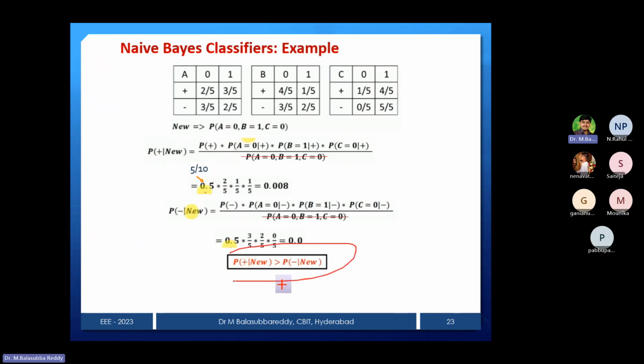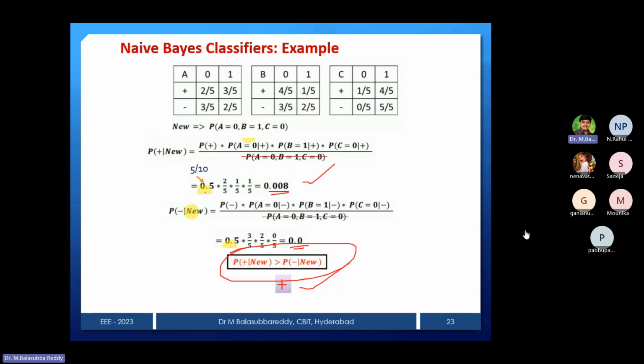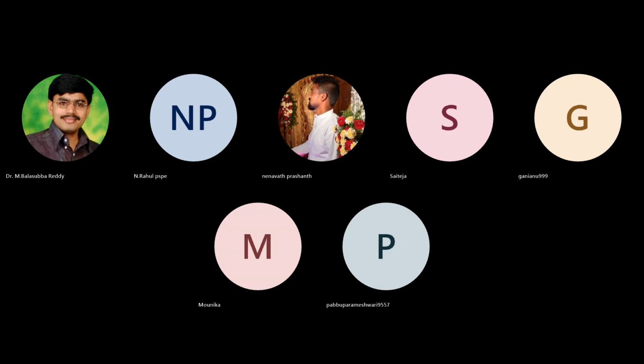Whichever probability is more, here it is showing 0.008, here it is showing 0. So that's why 0.098 is more. That's why the class is positive. Like that, I have given many problems as well. You can practice later also. If you have any doubt, you can ask me. Otherwise, you can leave.